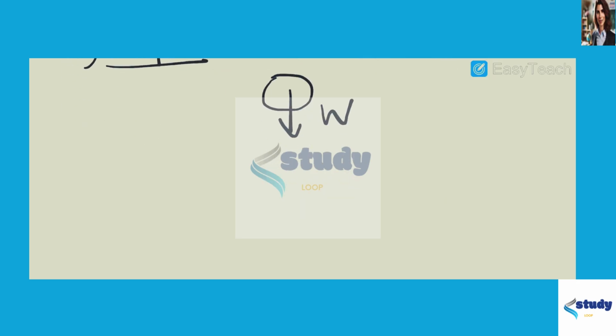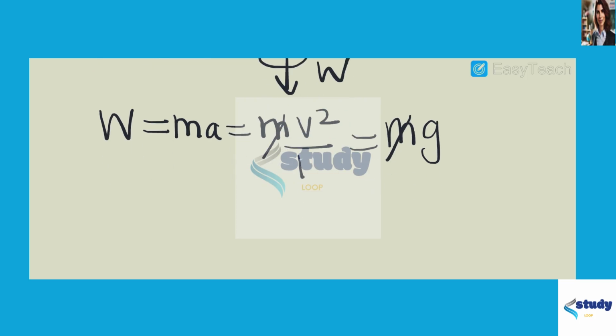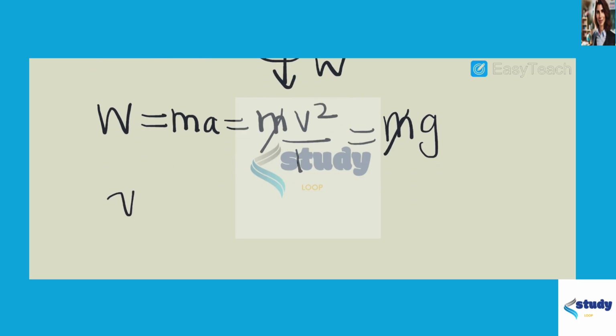Writing this in terms of Newton's second law, weight is equal to ma. In circular motion, weight is equal to m times v squared over L. We know that weight is just equal to mg, so these masses cancel out. In this case, v squared is simply L times g.